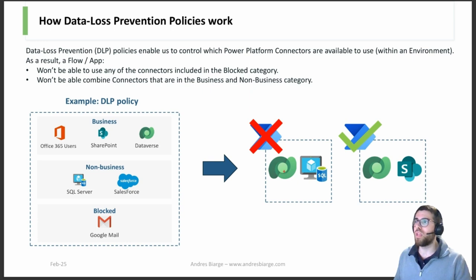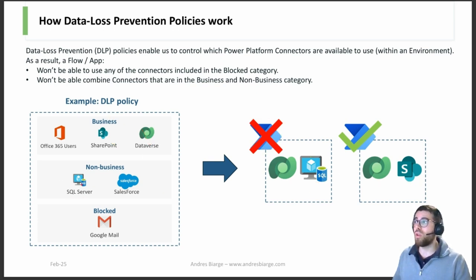For example, if we have a Power Automate flow where we combine the Dataverse connector and the SQL connector, you see that the SQL one is in the non-business and Dataverse is in the business. It doesn't match. They need to be in the same flow. Inside the same flow, they need to be both in the business or the non-business side of things in the category. And for example, here in the second example, Dataverse and SharePoint, it's okay because they are both in the business.